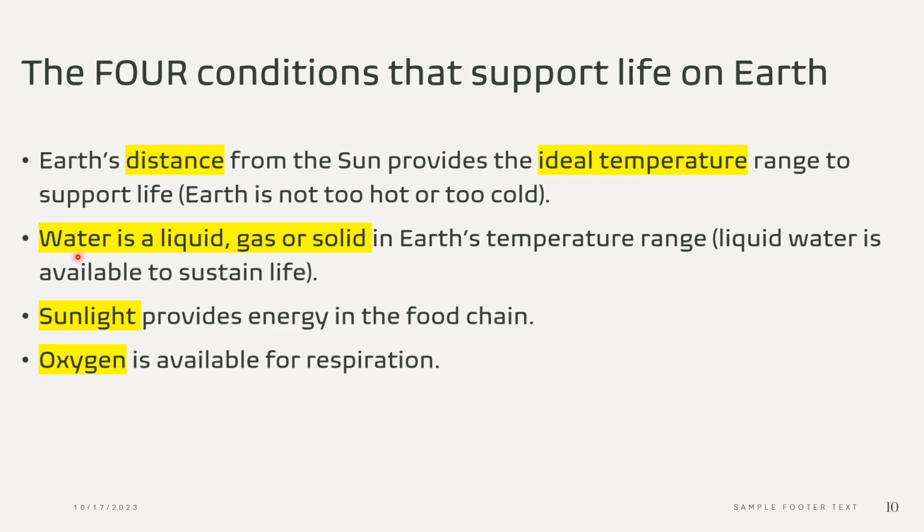Then secondly, water is available on Earth as either a liquid or a gas or a solid, and that is because we have this perfect temperature range. So liquid water is available to sustain life. That is the second condition. The third condition on Earth that makes it possible for life to be sustained is sunlight that provides the energy in the food chains. And then lastly, we have oxygen in our atmosphere that is available for respiration.